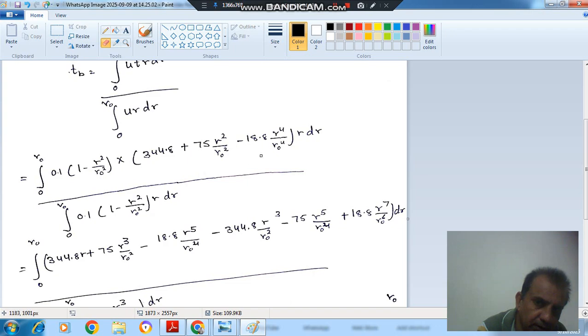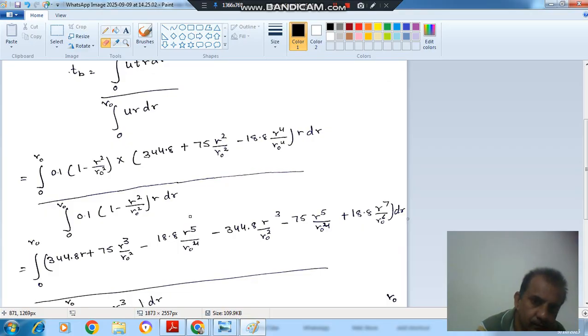First we multiply by 1 and multiply by r. The 0.1 will also cancel out, as it is also a constant. So this will be 344.8 r + 75 r³/R0² - 18.8 r⁵/R0⁴.